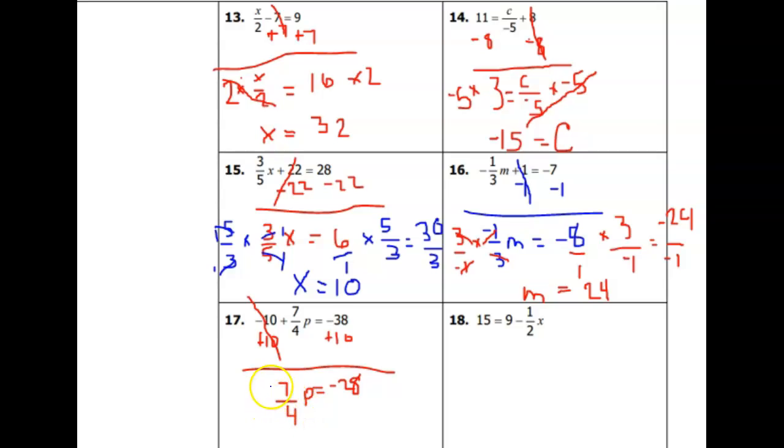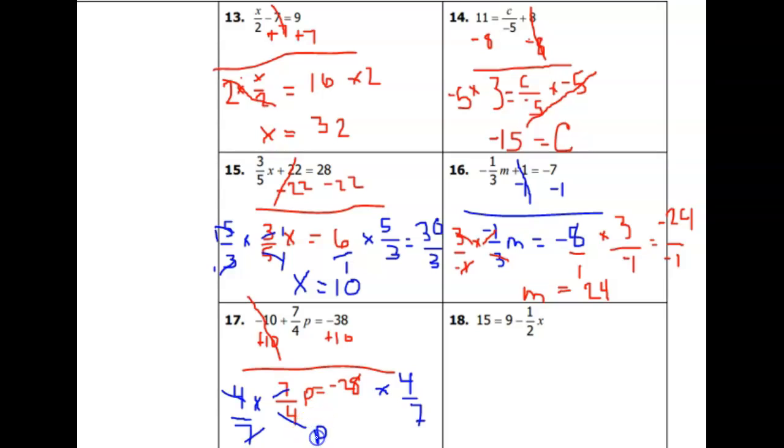Well, negative 28 times 4 is negative 112. And then I got to take 1 times 7. Well, 1 times 7 is 7. So I got negative 112 divided by 7. That gives me a negative 16. So p equals negative 16.